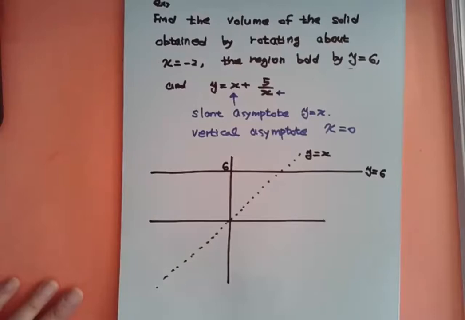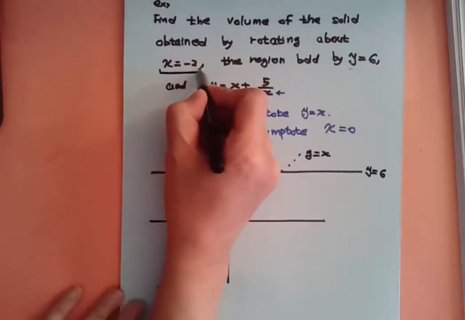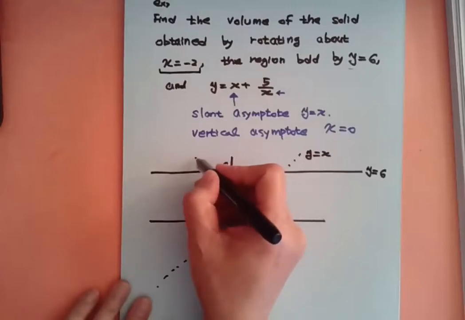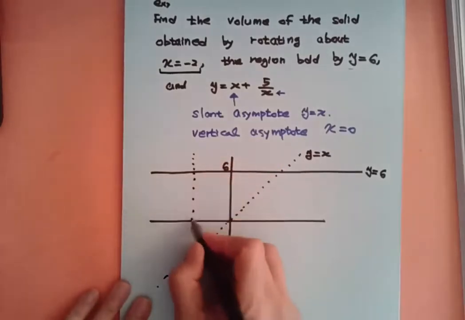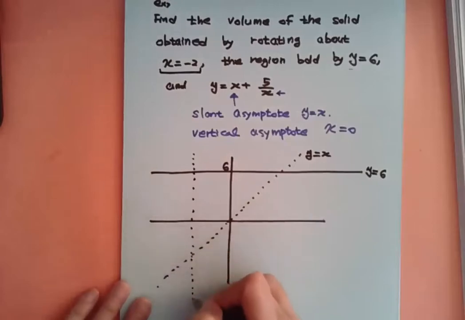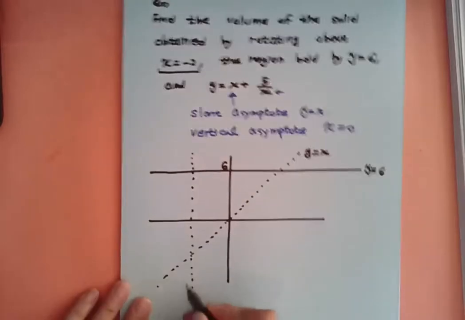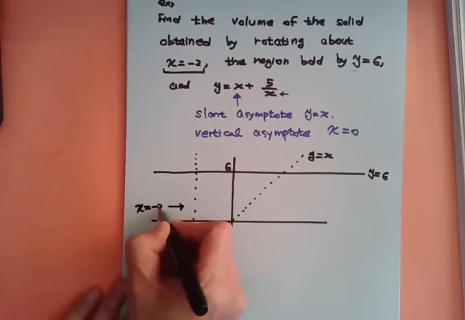The axis of rotation is x equals -2. So this is x equals -2.